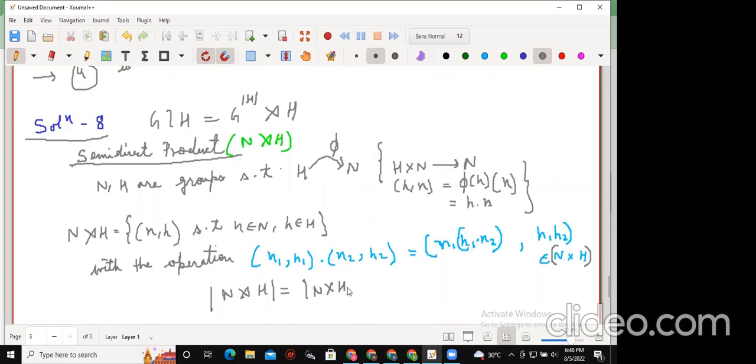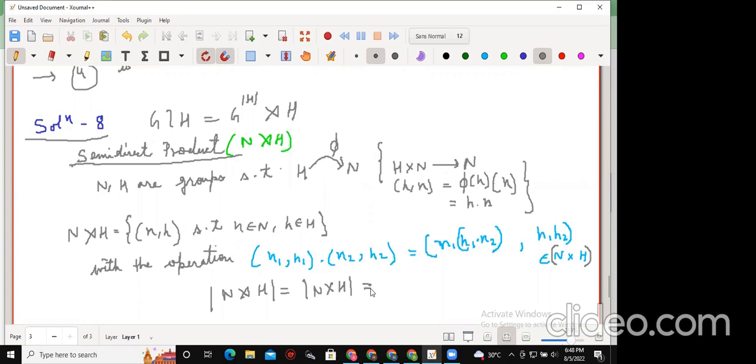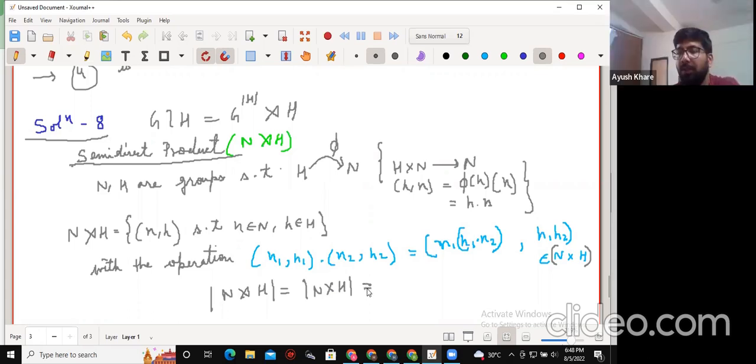It is equal to order of n times order of h. Good, Shalini. As I said, it is the same, and the group operation doesn't do anything to the order of the group. Once you are given a set, its order is going to be the same, whatever operation you are having. So its order is the same as the order of n cross h, which is the order of n times the order of h.